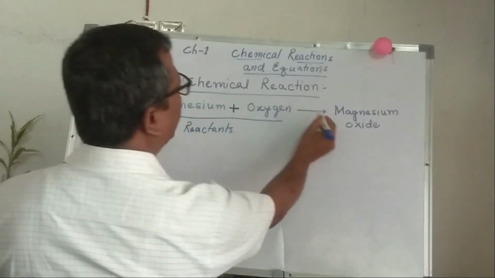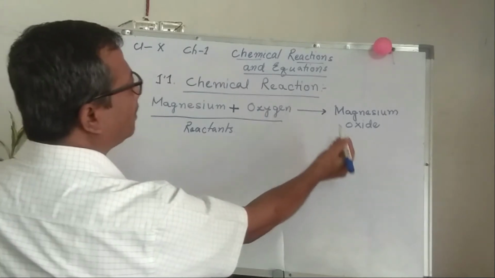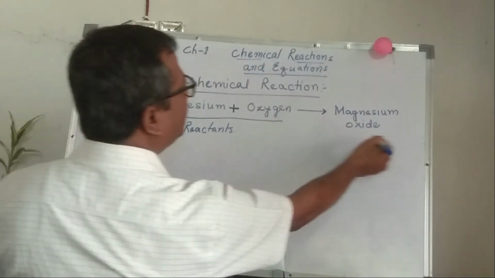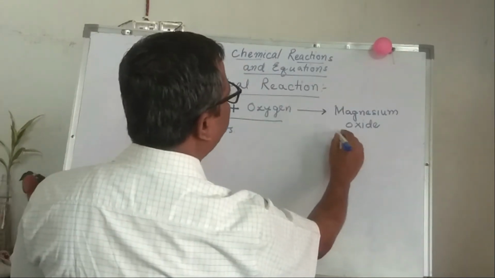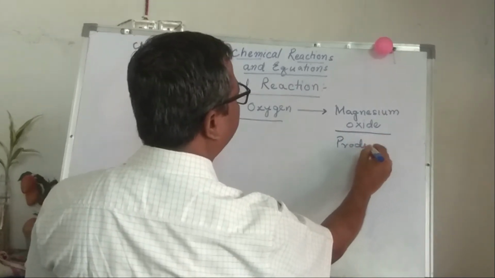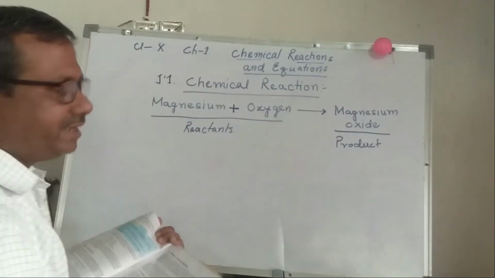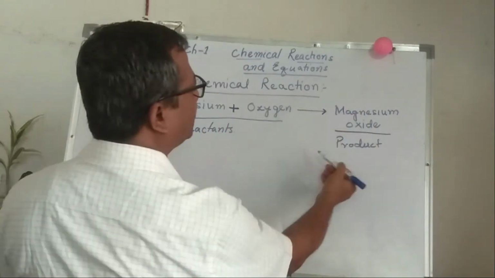The arrow sign, with the arrowhead towards the right hand side, indicates that these are the products of the reaction. Magnesium oxide, here in this equation, is the product.